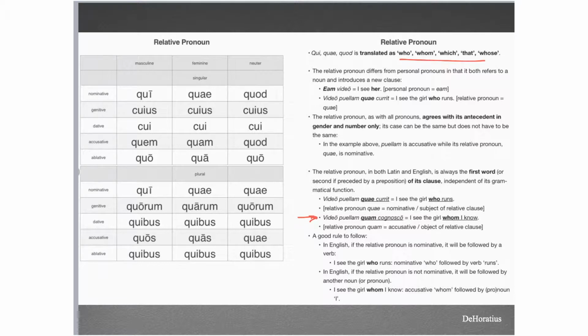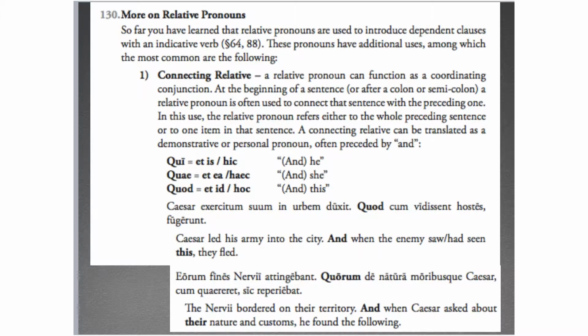And with relative pronouns, the form determines the function rather than the word order, because it will always be the first word in its clause, or the second if it's after a preposition. So you can read over that rule. It's a good rule to determine when to use who and when to use whom. So those were relative pronouns in general.